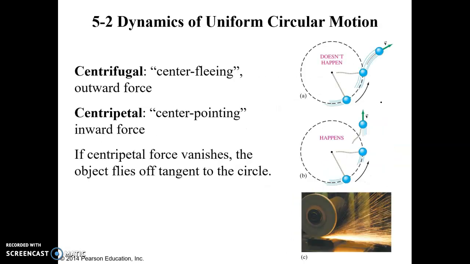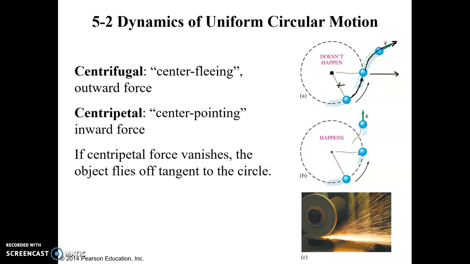One last thing before I wrap up this first video from Chapter 5 is just a conceptual thing. If our ball is traveling around and around in this circular path, and the string were suddenly cut, if we somehow could just stop this force that's keeping it on its path, some people might be under the false impression that the ball flies outward, or maybe even straight out from the center of rotation.